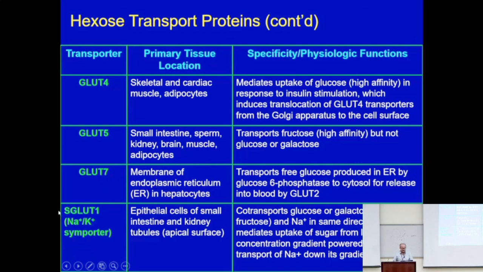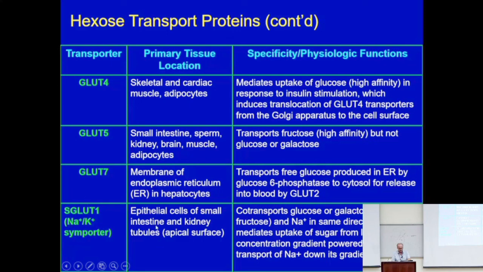And the last one here, the symporter of sodium and glucose, or galactose, is part primarily of the intestinal epithelia of the small intestine and kidney tubules, and that's important in the absorption of glucose from the diet.